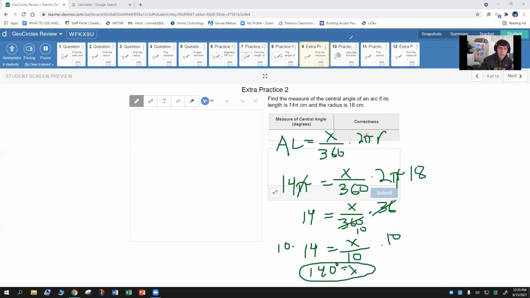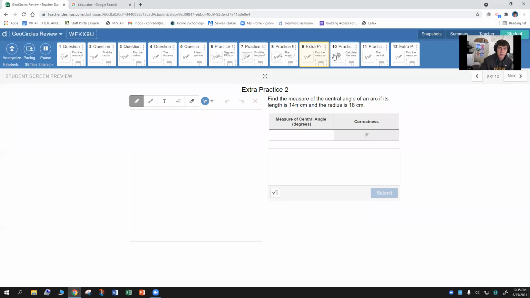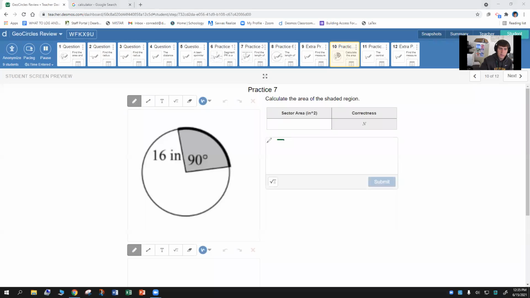Right, 10, 11, and 12 are all sector area problems. So the formula for sector area is x over 360, the portion of the circle, times the area of the whole circle, which is pi r squared.